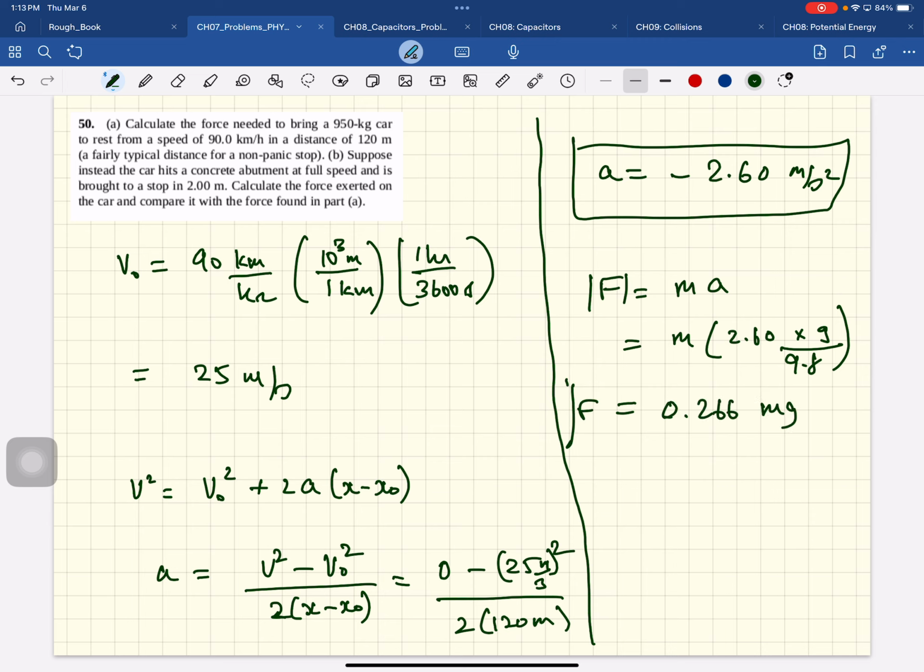So the braking force is, like I said, 26.6% of the weight of the car.